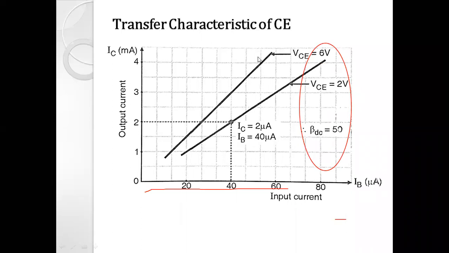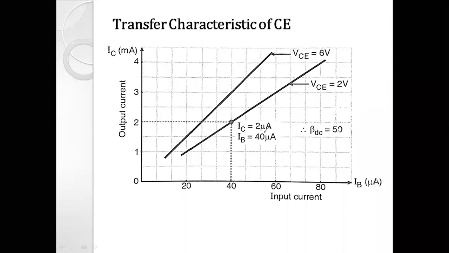Then this is the transfer characteristic when the transistor is in the common emitter configuration. Transfer characteristic, as I said earlier, shows the relation between output current and input current. Here the input current is IB and the output current is IC, right? From the mathematical derivation we understood that the relation between IB and IC is linear, that means IB is proportional to IC.